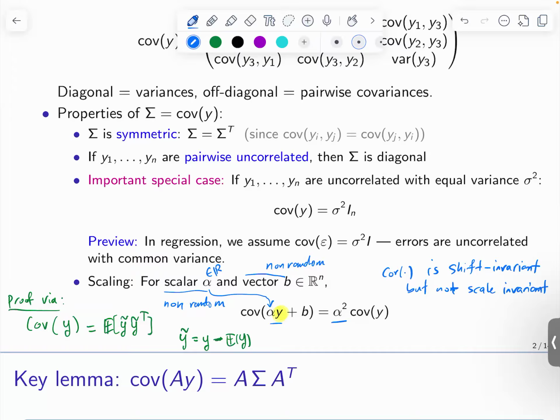There is a corresponding thing which is scale invariant also. Remember, in the univariate case, what is the scale invariant version of the covariance? I think covariance is not a scale invariant object.